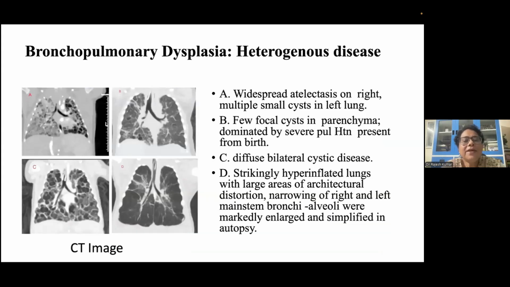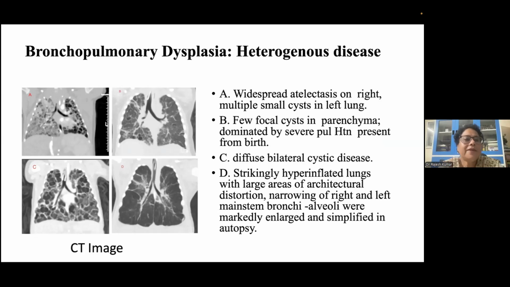Now, while ventilating, we have to understand that bronchopulmonary dysplasia is a heterogeneous disease. So this condition is not only heterogeneous amongst different patients, but also within a particular patient, there can be heterogeneous kinds of lung injuries.